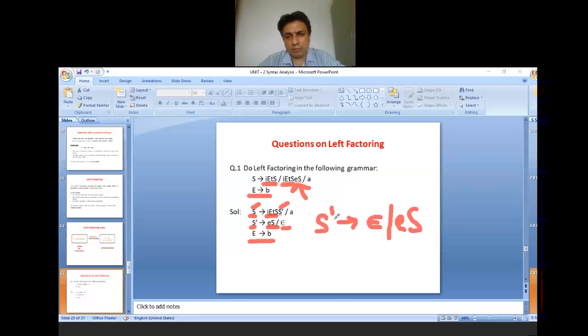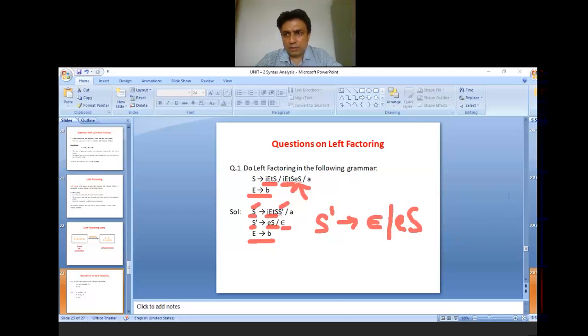By doing this transformation or conversion, we can convert this grammar which contains left factor into a left factored grammar. So all of you understand this example? Can I proceed further?